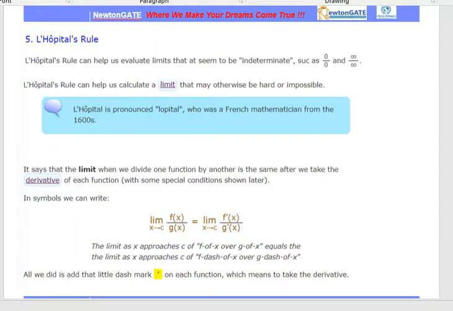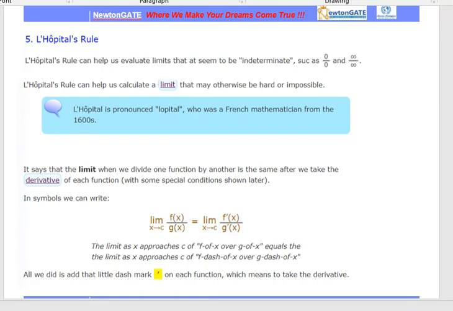The last method is the L'Hopital rule. L'Hopital was a French mathematician in 1600. He was the one who discovered or rather made this rule. Now throughout this video we are discussing a form that is 0 by 0 or infinity by infinity form. Now these forms are called indeterminate forms.